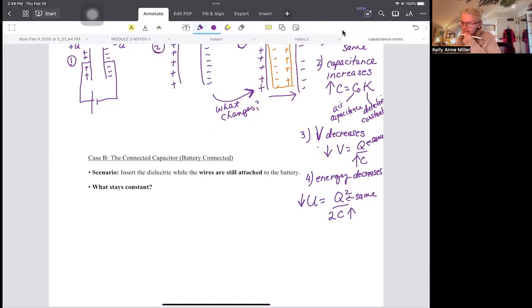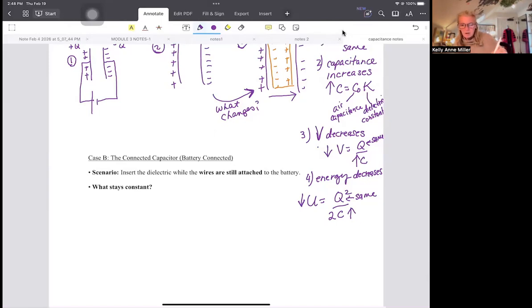The way that I think of it, you might have the question, where does the energy go? Well, you can think of it as the capacitor drawing in the dielectric. It almost sucks it in. The field does work on the dielectric to draw it in, and that decreases the potential energy of the entire system.